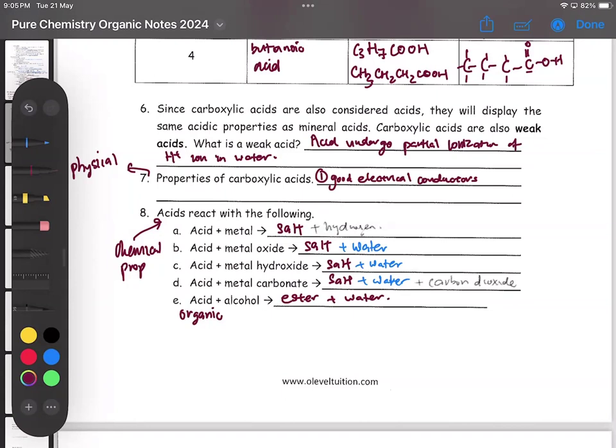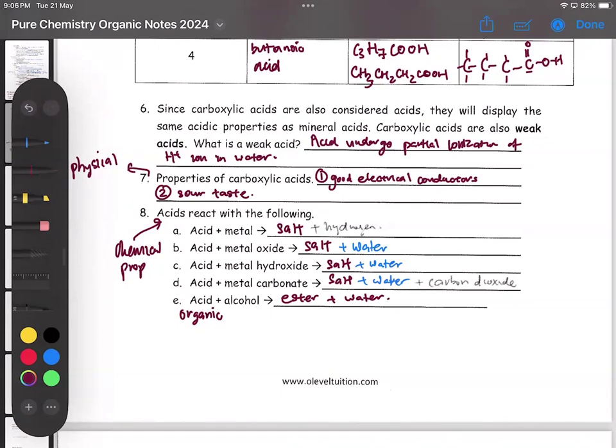So they are good conductors because of the free moving H plus ions. Number two, sour taste. These two I will put under very, very strong physical properties. They are very strong answers for physical properties.